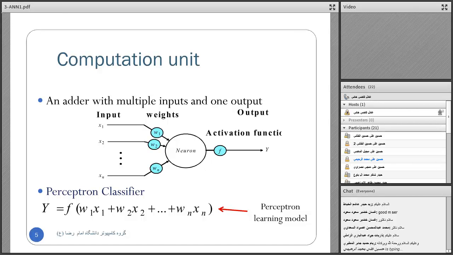Okay, in the last session, the last topic that we talked about was neural networks.